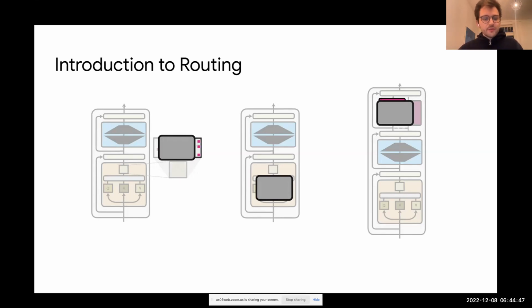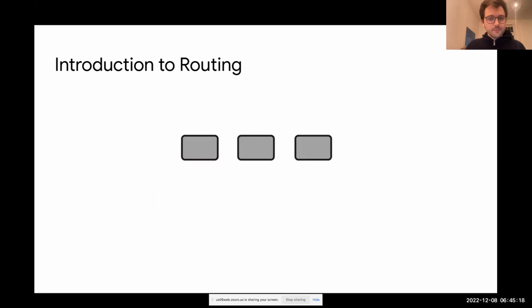So in order to talk about routing in a more general way, we'll have a broader overview and illustrate them as a very similar concept. We have these gray boxes indicating modules, and they can stand for any of the modular components that Sebastian talked about in the first part of this tutorial.